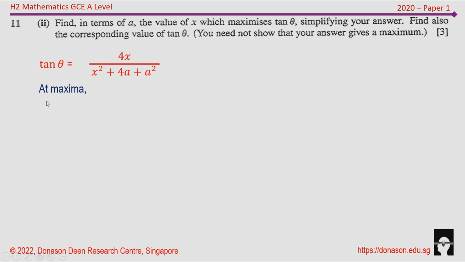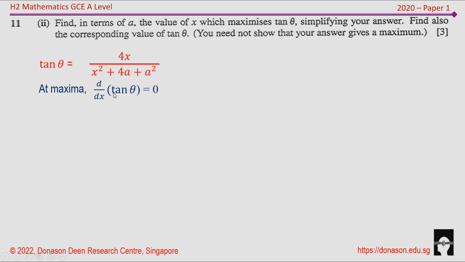At maxima, because maximizes tan theta means tan theta must be the maximum, d tan theta by dx at the maximum value of tan theta should be equal to 0.